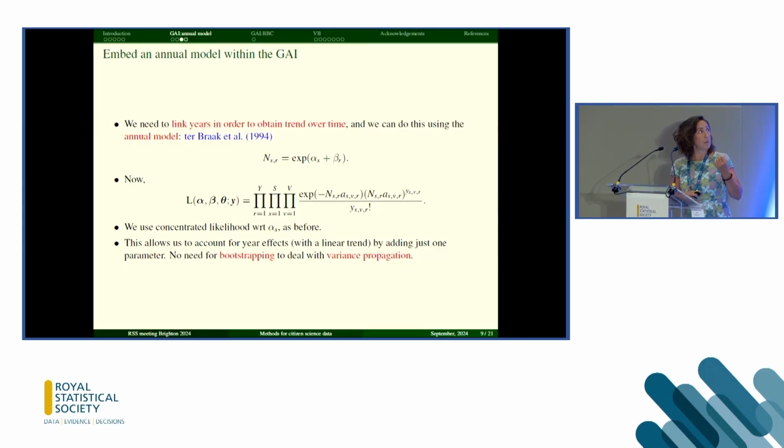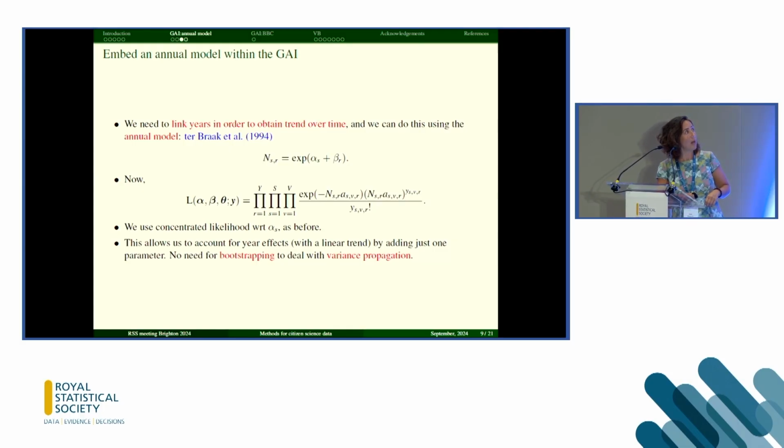However, we still have this site effect here, and we showed in the paper how with a new concentrated likelihood approach, we can substitute these alpha S terms in another Poisson likelihood, again making our approach computationally feasible without having to estimate tens of thousands of parameters.